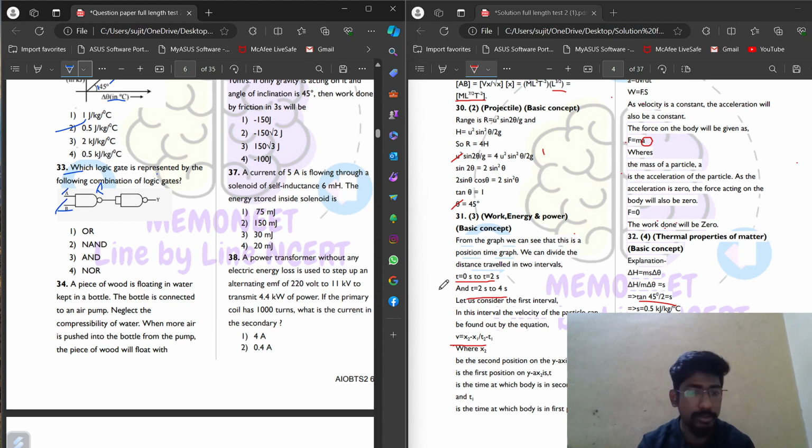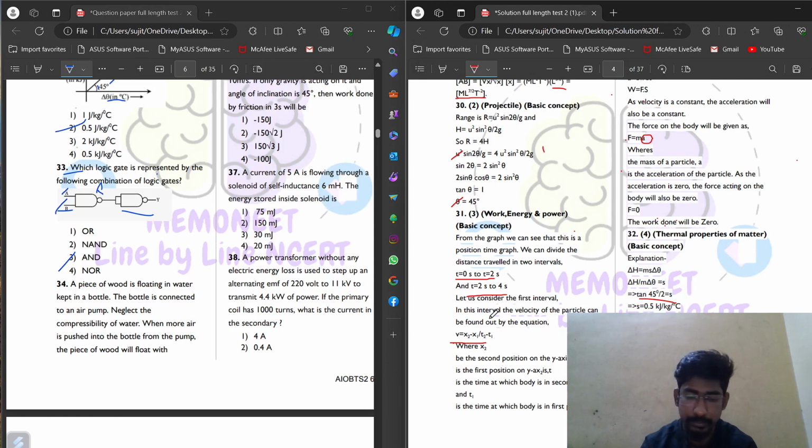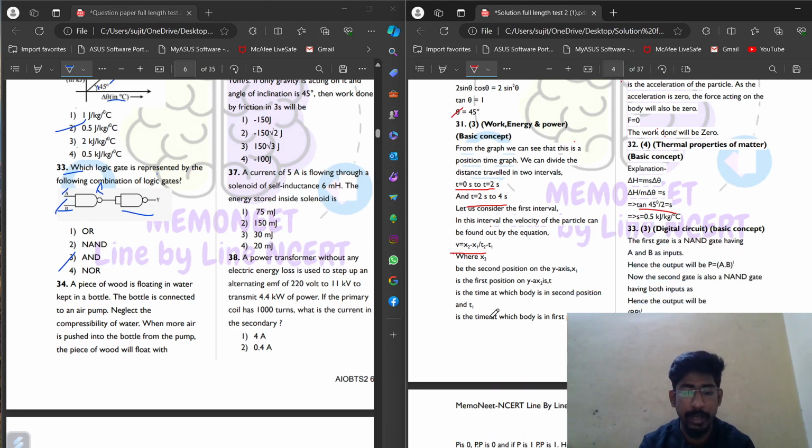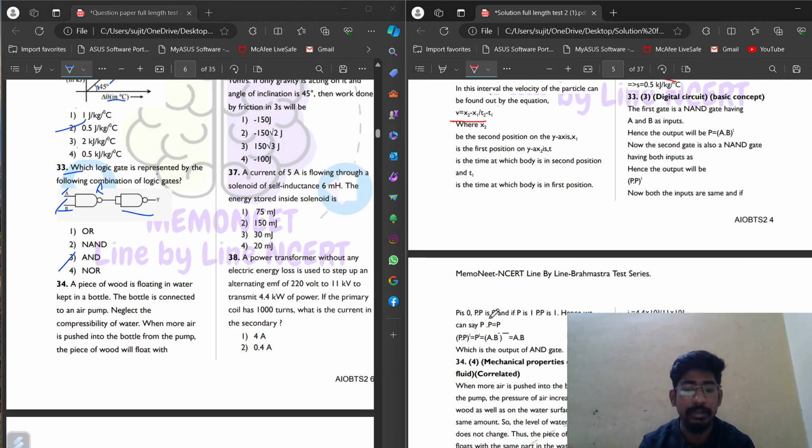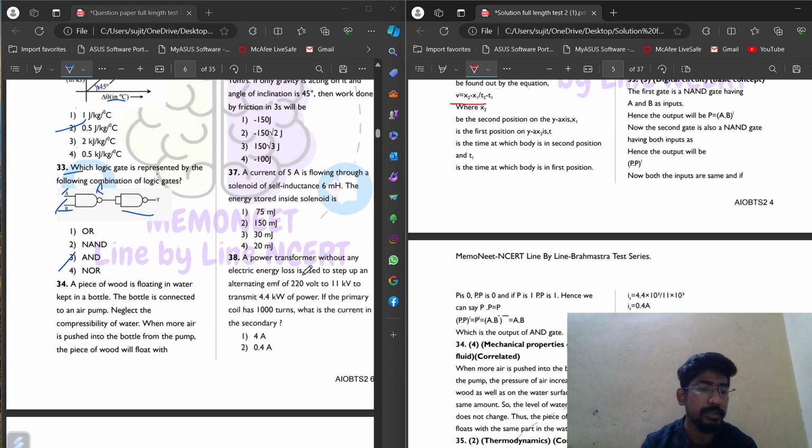And the second is also a NAND gate, so here you will get the complement of A dot B. Therefore I think you will get A dot B. That means it is the formula of the AND gate, our truth table of the AND gate. So the answer for question number 33 is the AND gate.